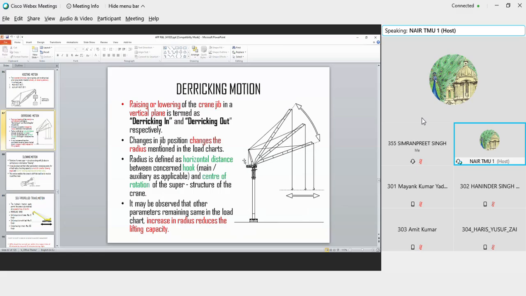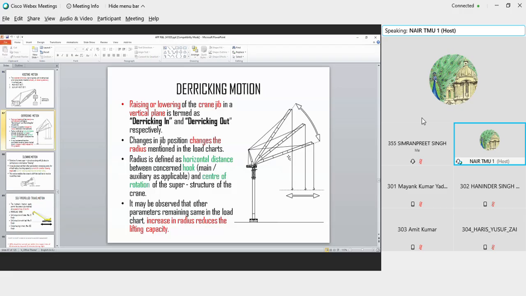This is derricking. Derricking is the process in which we are changing the location of the jib. So the jib can have n number of locations, and the jib can move up or down depending upon the distance at which you want to tackle the derailed wagon or the coach.